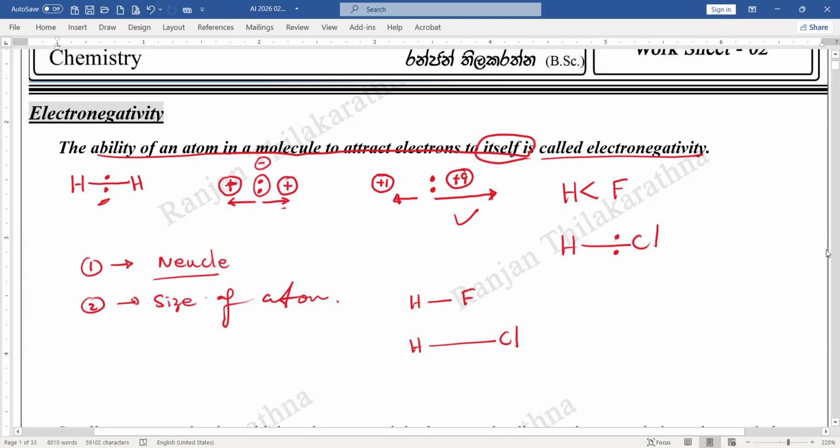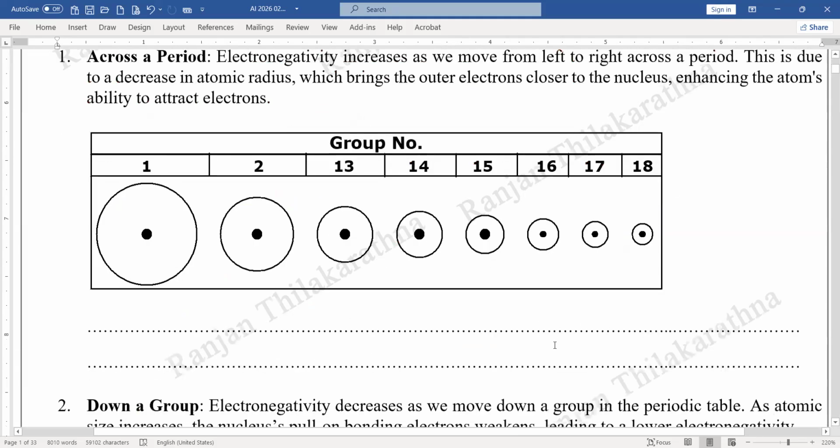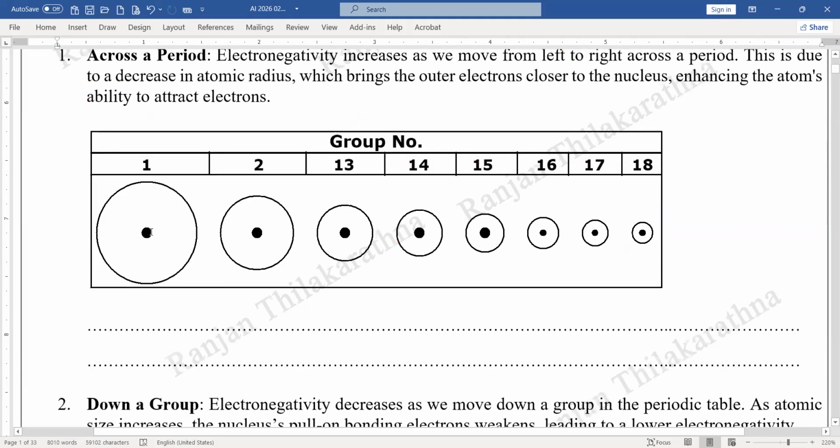And you know that even in your O level, the atomic sizes decrease from left to right across a given period. See the sizes, if you take lithium, beryllium, boron, carbon, nitrogen, oxygen, fluorine, and neon, the atomic sizes are decreasing.